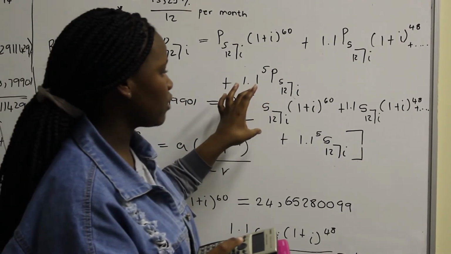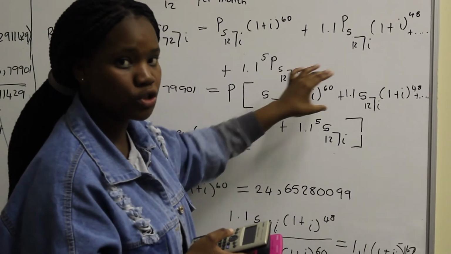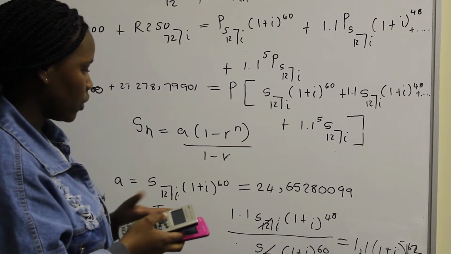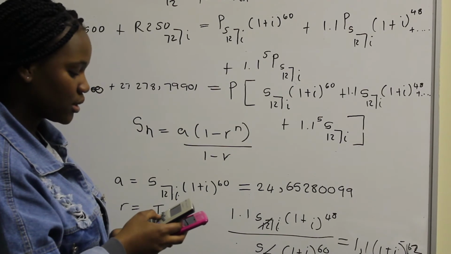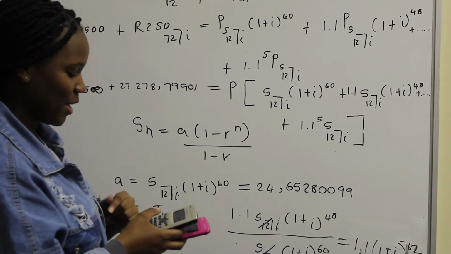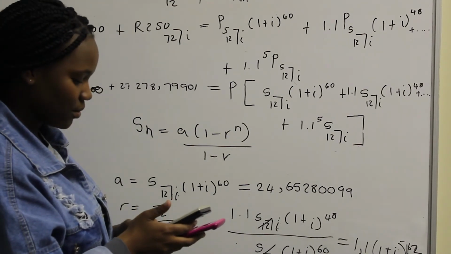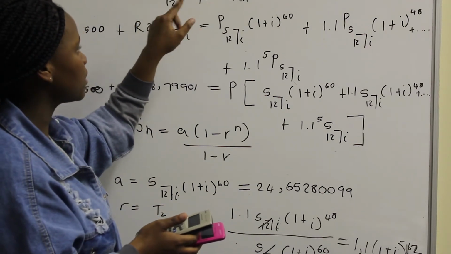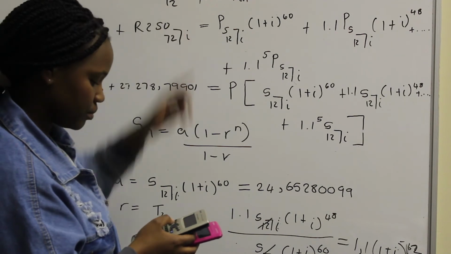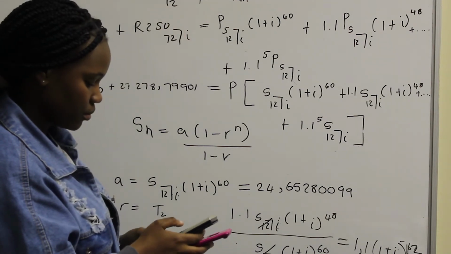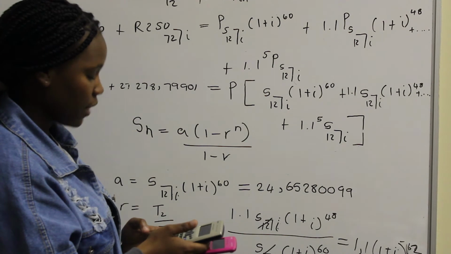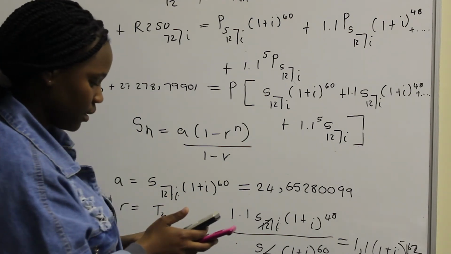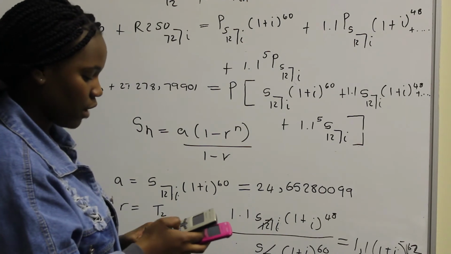The first term serves as our a, and you get it with compound, end, 12, interest 13.25% over 12, future value 0, payments 1, and then we look for our future value.